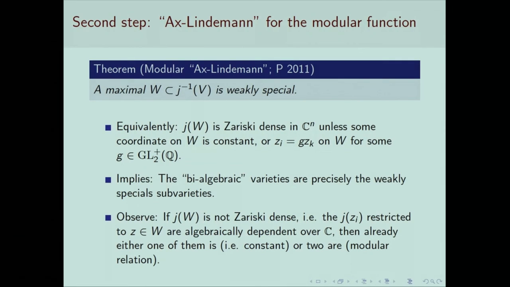And there's an interesting thing here that if this JW is not Zariski dense, which means that the J's of the n coordinate functions are algebraically dependent, then in fact two of them must be dependent, or even one of them must be dependent. You can never have a situation where three of them are dependent without one or two of them being dependent, which is quite a peculiar thing.